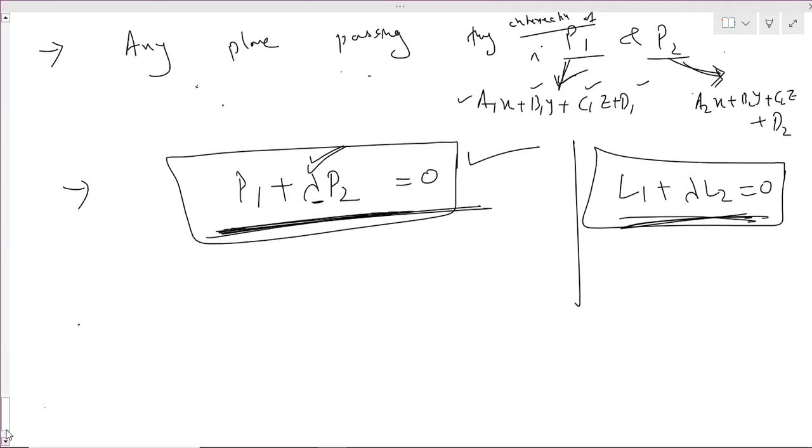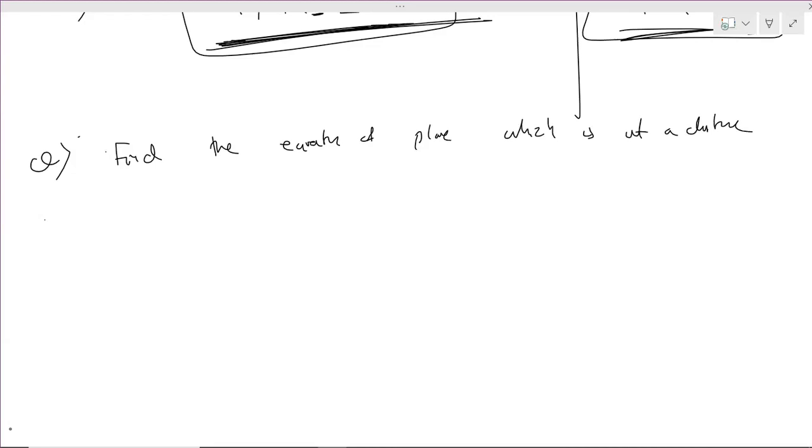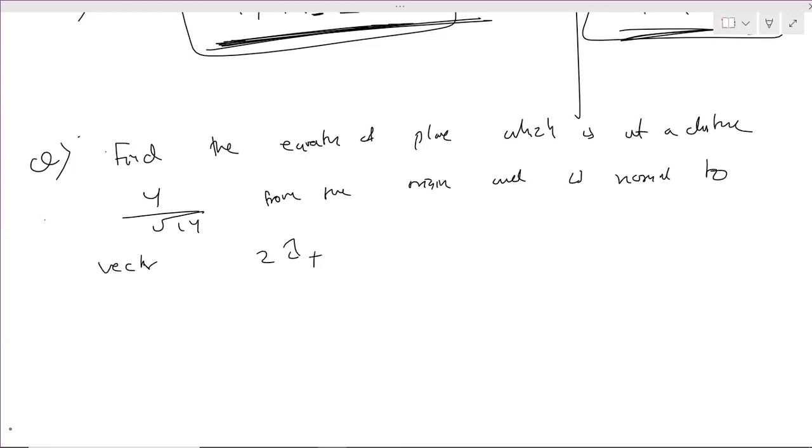Let's see if you can solve this. Very easy question. Find the equation of plane which is at a distance 4 upon root 14 from the origin and is normal to vector 2i cap plus j cap minus 3k cap.